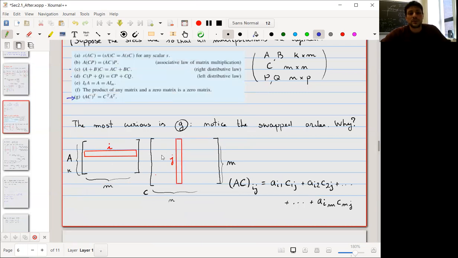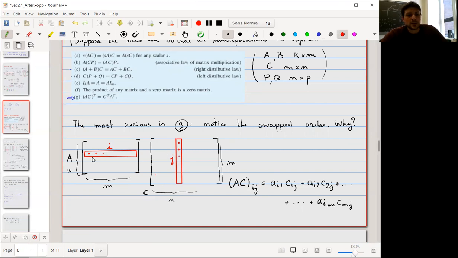Well, let's think about it this way. Let's use the row column rule. If I were to compute A times C, I've sketched them here. So A has K rows and M columns, C has M rows and N columns. The ijth entry of A times C is obtained by multiplying the ith row of A with the jth column of C. So I'll look at these entries here and I'll add them up one by one.